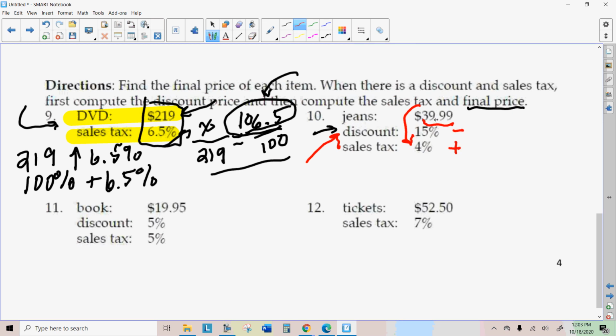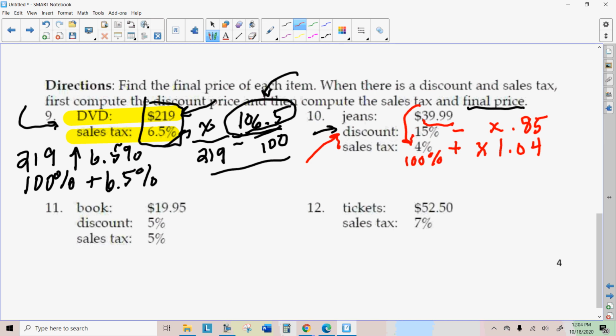Well, from the lesson we learned that if you want to take off 15%, you multiply by 100 minus 15, which is 85%, because you're paying 85% of the price. And then to add 4% sales tax, that means that you are going to be your 100% of your discounted price plus your 4% sales tax means 104%, while the decimal for that is 1.04.